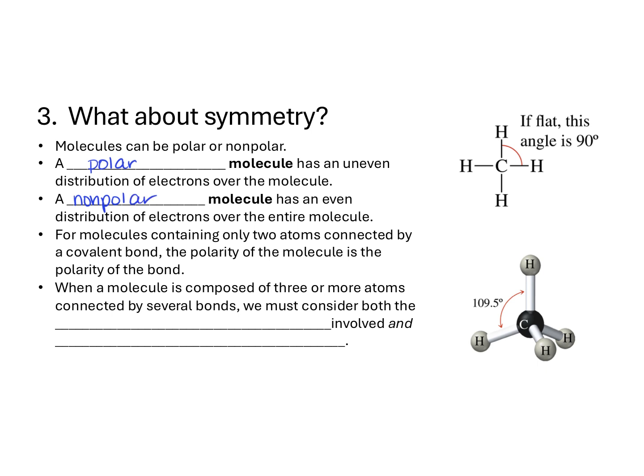Now, for molecules that only have two atoms connected by a covalent bond, the polarity of the molecule is the polarity of the bond, right? And that's just determined from the electronegativity.